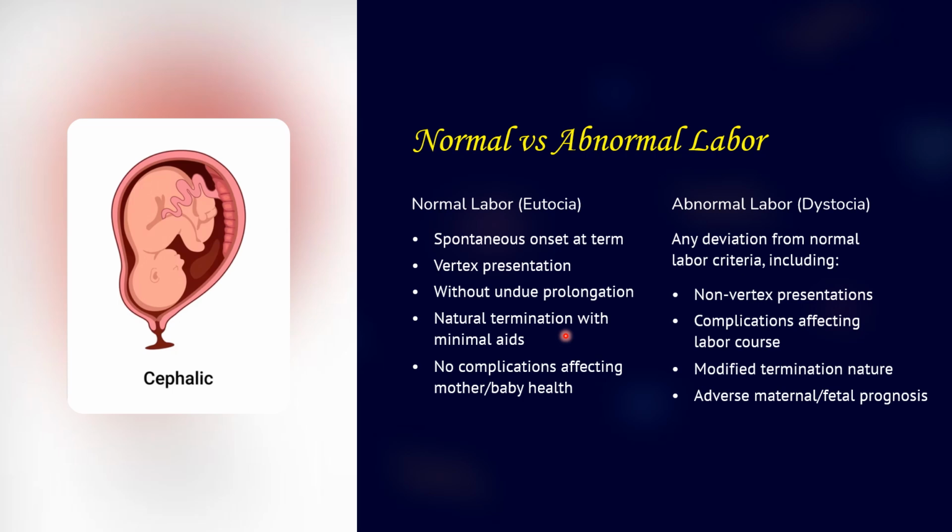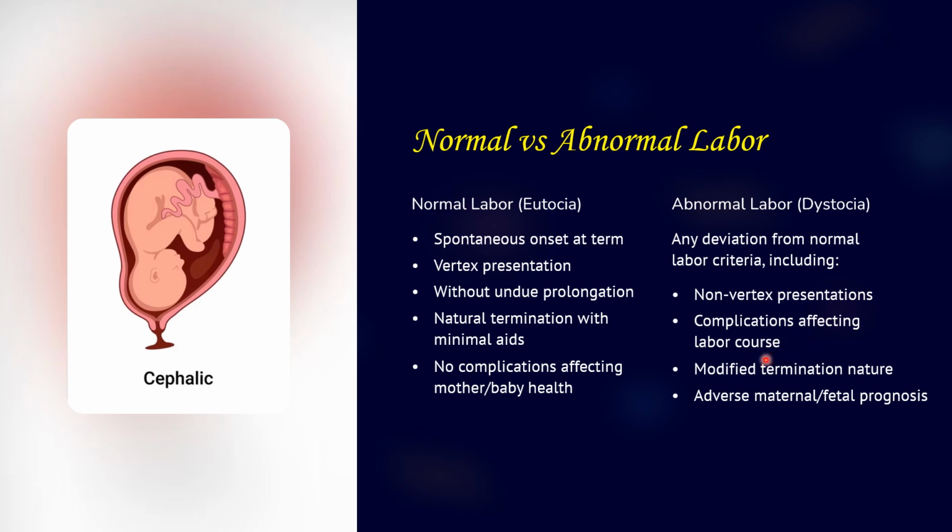Now coming to dystocia. It is any deviation from the normal labor. The criteria are, number one, non-vertex presentation, that might be buttocks presentation, face presentation, or shoulder presentation. Number 2, complication affecting the labor course, any complication related to the mother or the fetus.